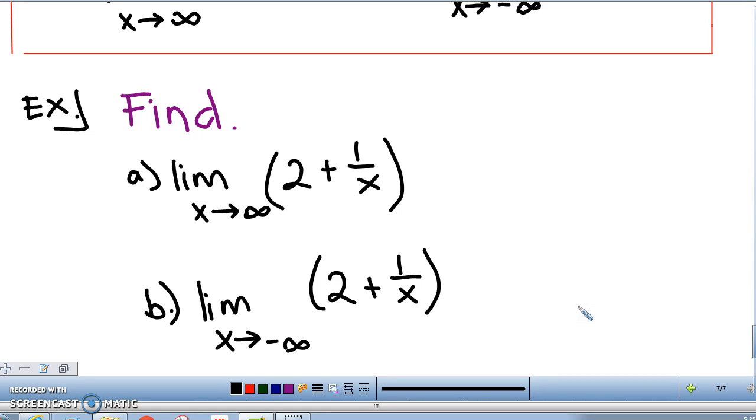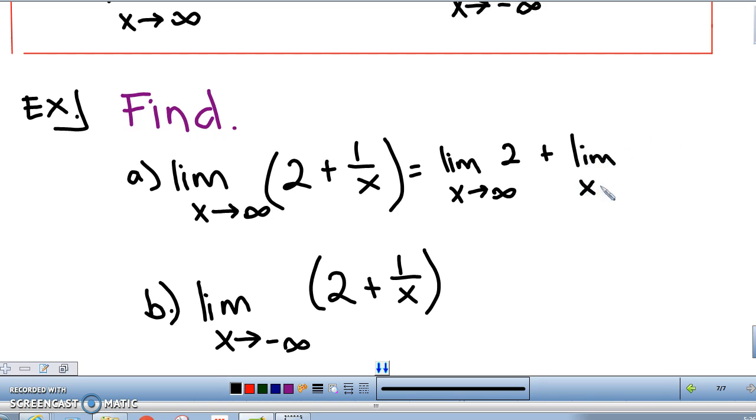Now, the limit of 2 plus 1 over x as x approaches infinity, not too bad. This is going to be the limit of 2 as x approaches infinity plus the limit of 1 over x as x approaches infinity.